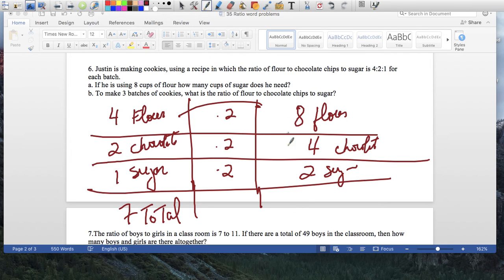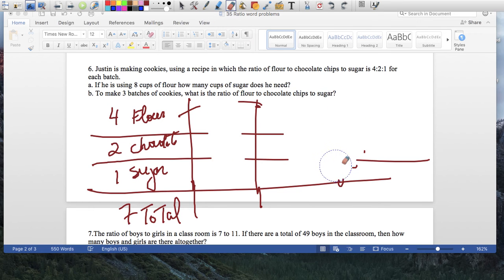To make 3 batches of cookies, what is the ratio of flour to chocolate chips to sugar? If you're going to make 3 batches of cookies, let me erase this. Actually, I shouldn't put a total here. It doesn't belong.